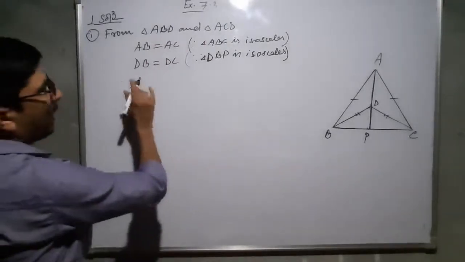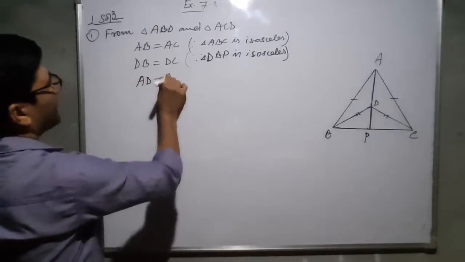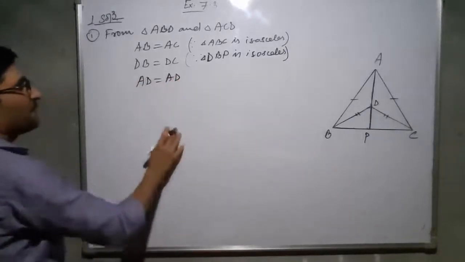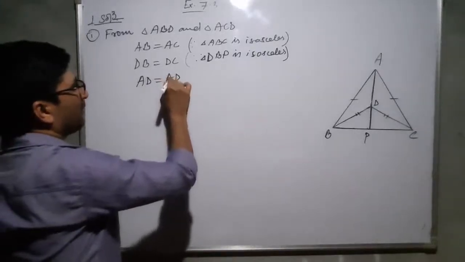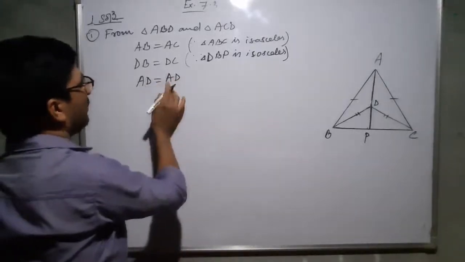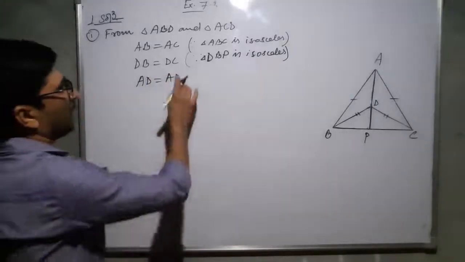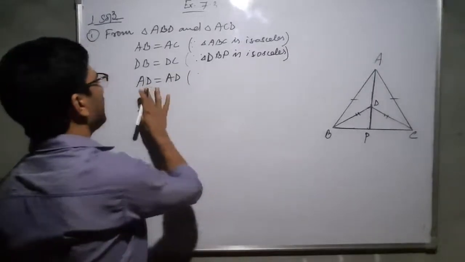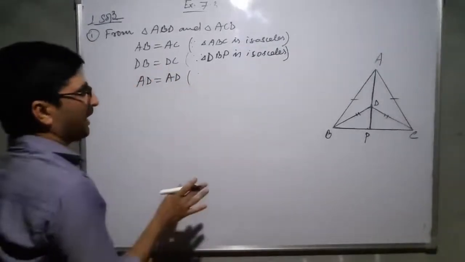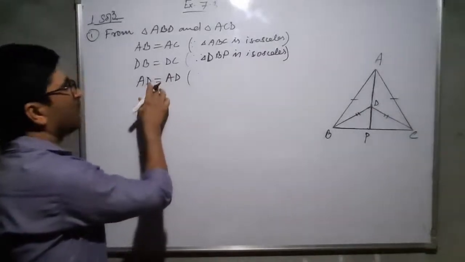Now why can we write AD equal to AD? Because AD is one common side. In some systems, we can write AD equal to DA also. It looks a bit different, no problem. You can write AD equal to AD, that is common side, or directly without writing equal, AD is common side. I just want to maintain that equal sign so that students become comfortable with this.